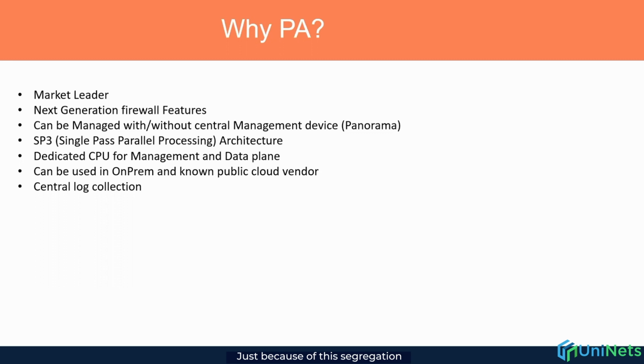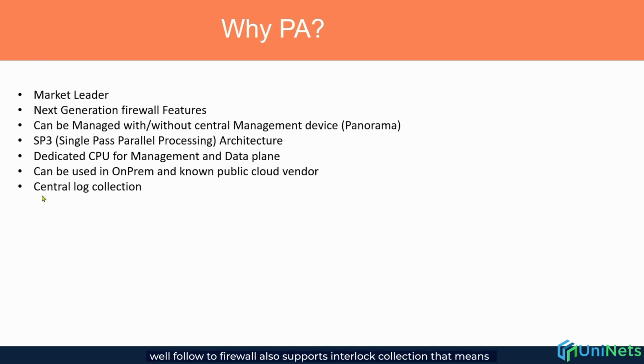Because of this segregation, you can use the Palo Alto firewall on premises, that means in an on premises data center, and you can use it in the public data center as well. I mean, sorry, cloud-based data center. If you have a cloud-based DC on Azure or AWS or Google, you can use Palo Alto firewall there as well.